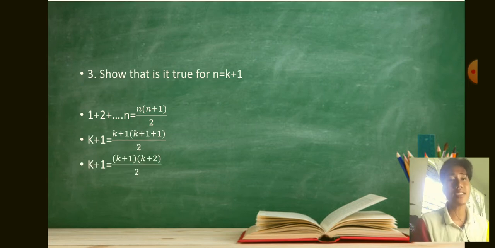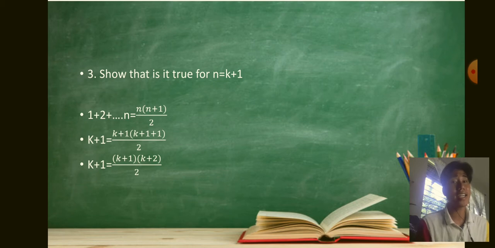And then the third step, show that it is true for n is equal to k plus 1. So we substitute k plus 1 for n. It becomes 1 plus 2 plus up to k plus 1 is equal to k plus 1 times k plus 1 plus 1 over 2.